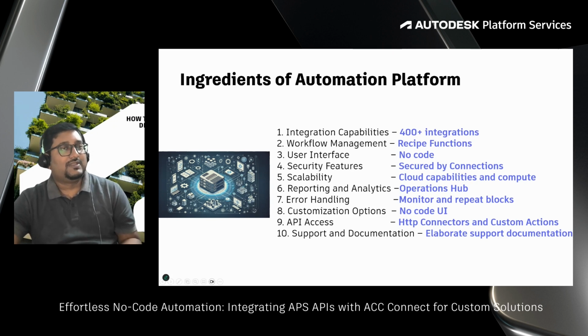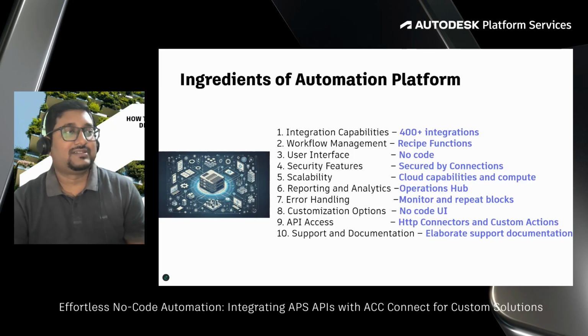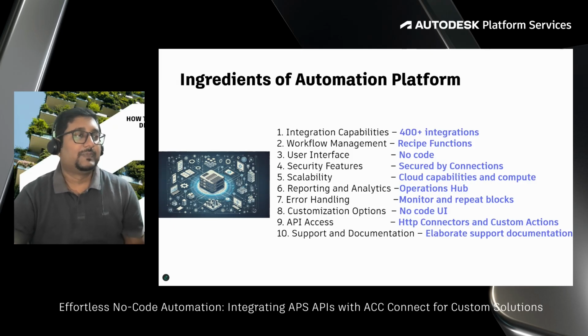We have the security features implemented by the secured connections which are authenticated. Being a cloud platform, we have high scalability. We saw the operations hub using which you have the reporting and analytics available within this platform. We saw very robust error handling capabilities by the monitor and repeat blocks.